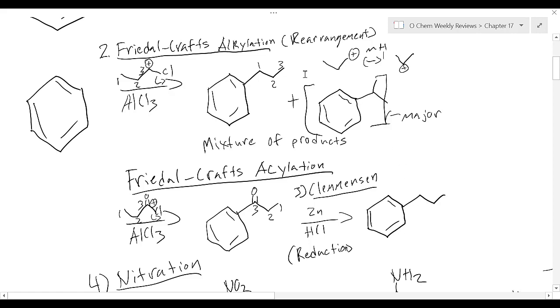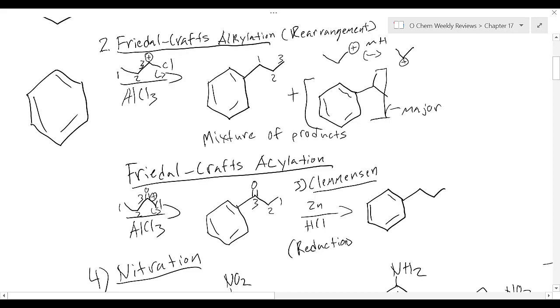Okay, so if our end goal is to go from a benzene ring to this structure, we have to do Friedel-Crafts acylation, get our ketone, and then reduce it using zinc and hydrochloric acid, giving you a result of this product. Alright, so that would be reaction number 2 and reaction number 3.